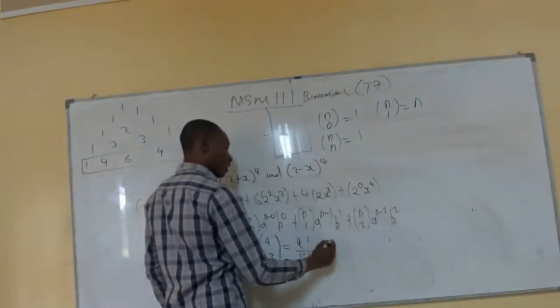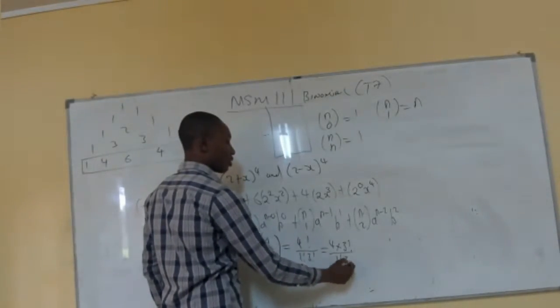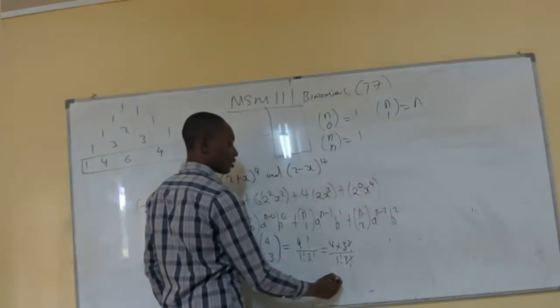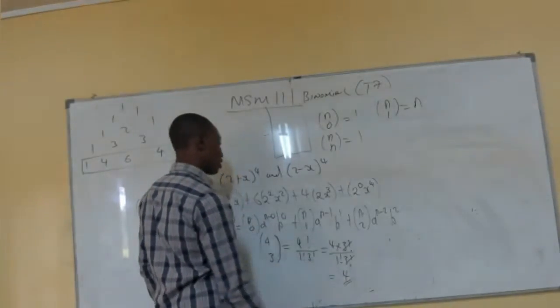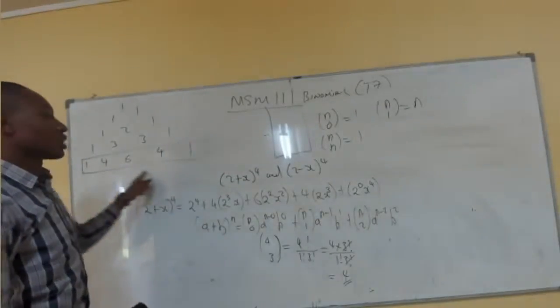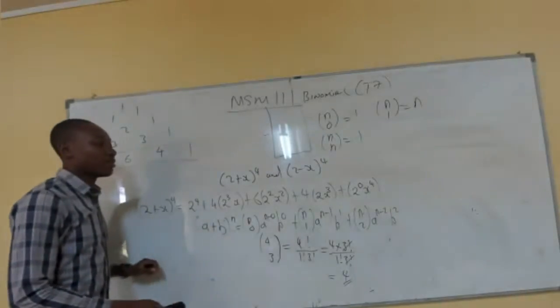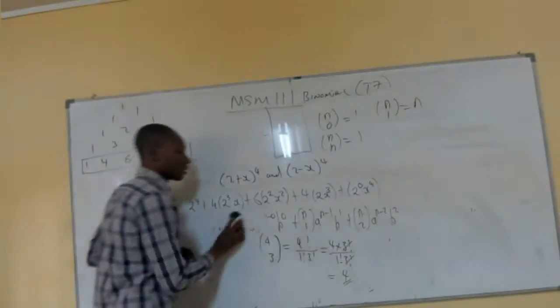So this will be 4 times 3 factorial over 1 factorial times 3 factorial. The 3 factorials cancel, so the answer is 4. So this is where this 4 is coming from. You can use Pascal's triangle, or you can use this formula, and you get the same answer.